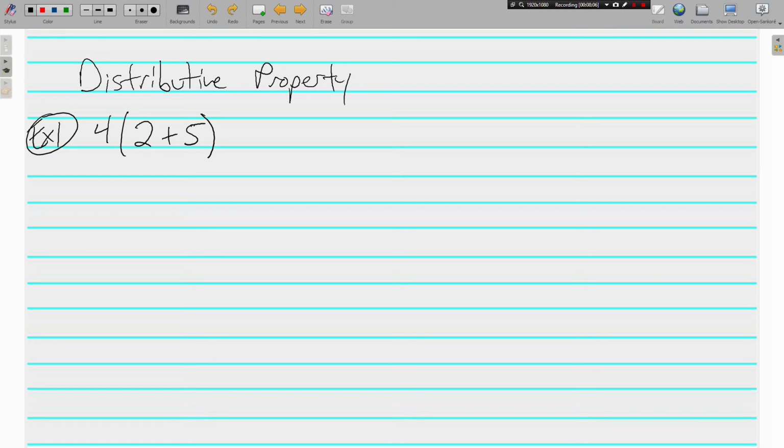We're going to distribute the 4 to both of the terms inside the parentheses. So instead of 4 times 2 plus 5, we have 4 times 2 and 4 times 5.